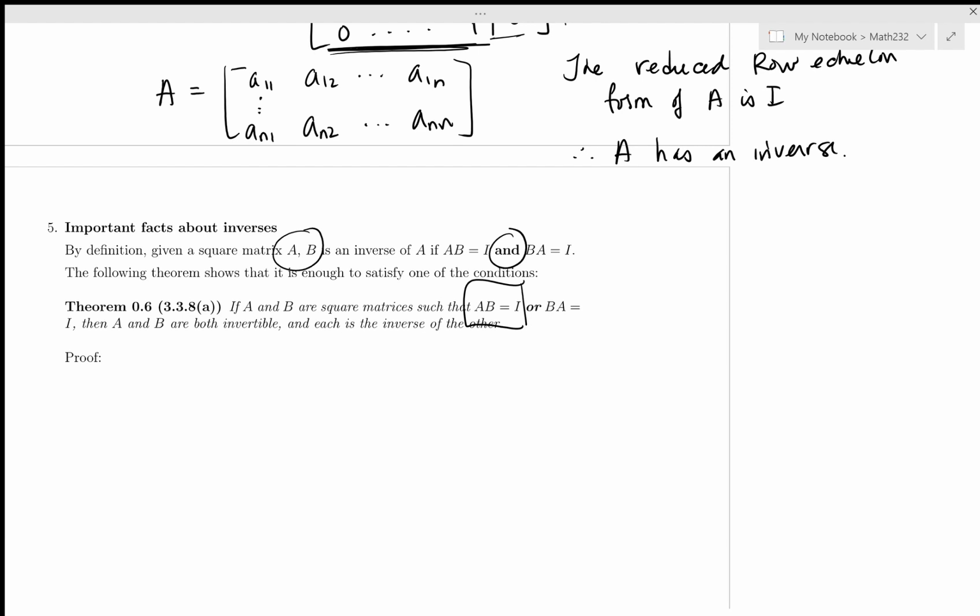Okay, so let us just do that. I'm going to do it on one of them. There's an or here. I'm going to do one of the or, and then the other one follows totally similarly.